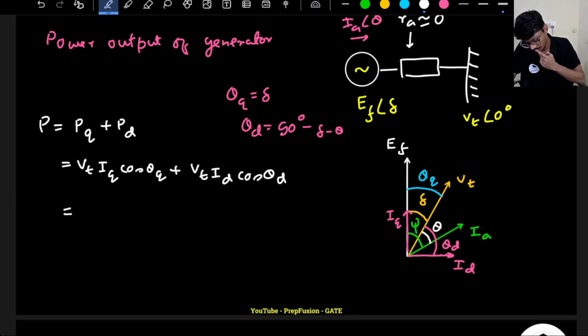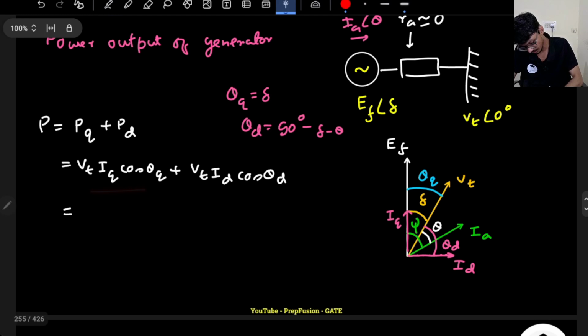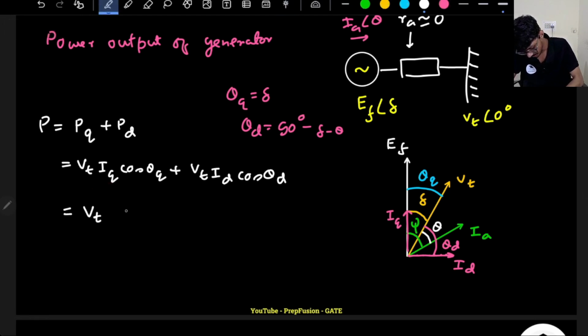VT cos of theta Q is VT cos delta, since theta Q is simply delta, into IQ.